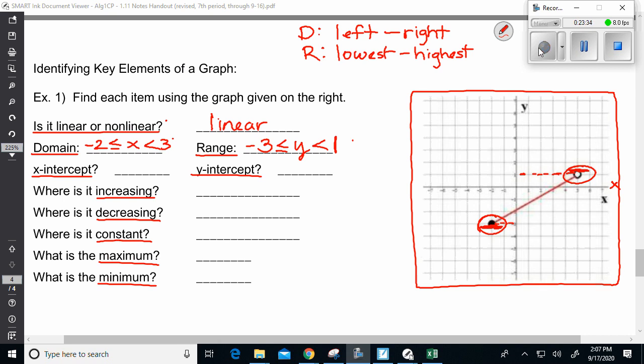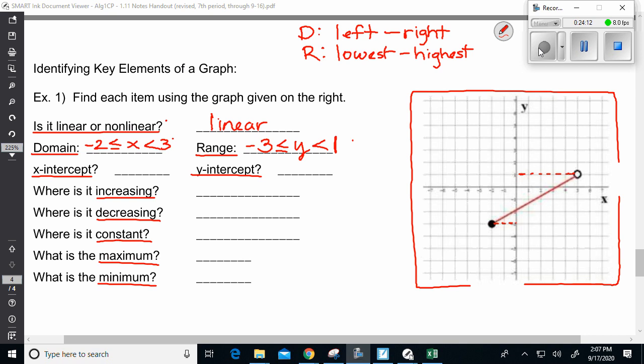For the range, the process you do is you go to the y-axis and figure out where that point is against the y-axis. So this point that's in black, you have to figure out what it corresponds to on the y-axis. You need to trace the point back to the y-axis. Same thing with the other point. That's how you get range.